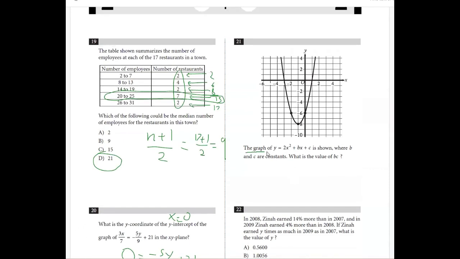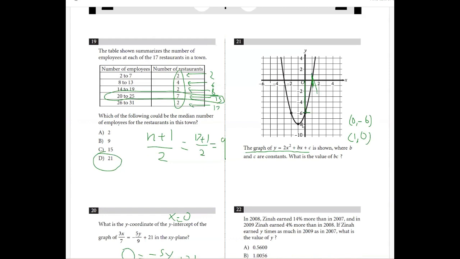Okay, the graph of y equals 2x squared plus bx plus c is shown, where b and c are constants. What's the value of bc? I'm going to go ahead and pick (0, -6) over here and (1, 0), which is over here.